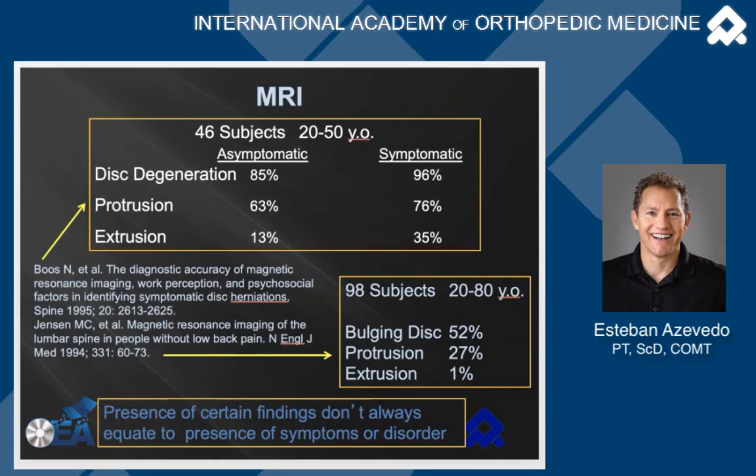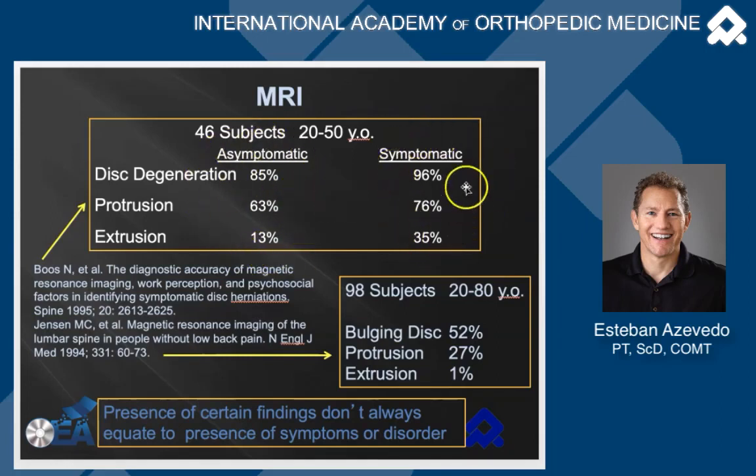Here's a study back in 1995 of 46 subjects aged 20 to 50. In this asymptomatic population, that means people with no pain, 85% of them already had disc degeneration, 63% had a small disc protrusion, and 13% had a disc extrusion with no pain.